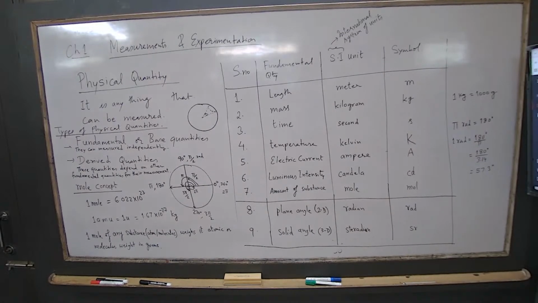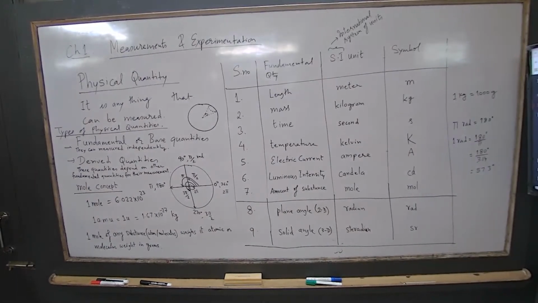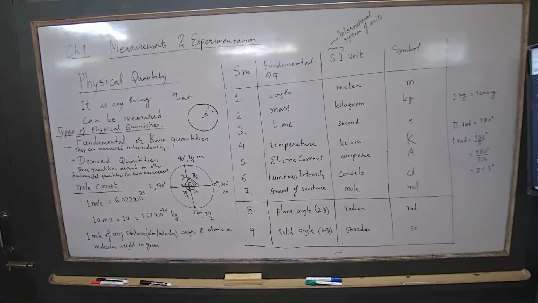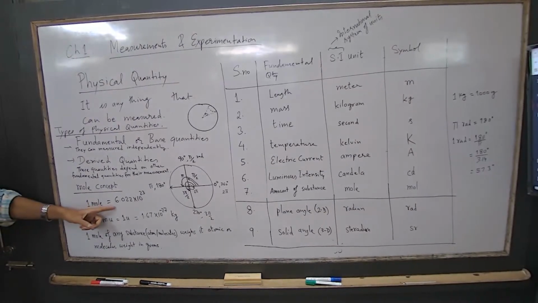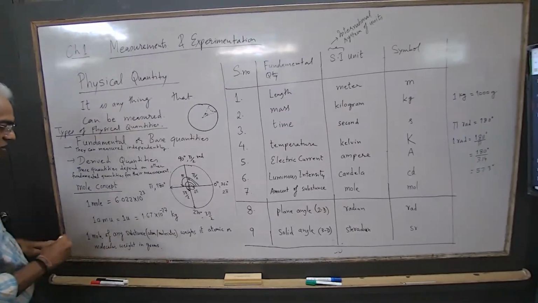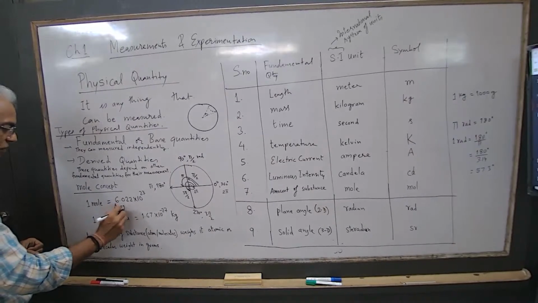If we take one atom, its mass is so less that it doesn't make sense. That's why whenever we are dealing at atomic level, we don't deal with just one atom. We take a collection of atoms. So what collection now? Somebody suggested we should take this many. And this also has a specific name called Avogadro's constant.